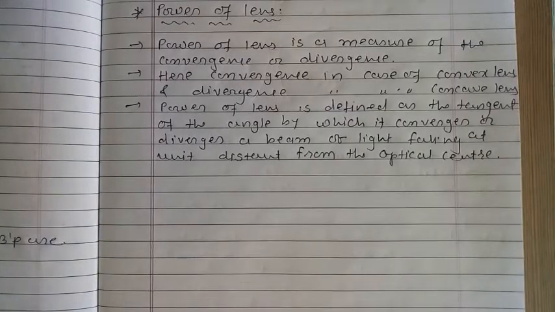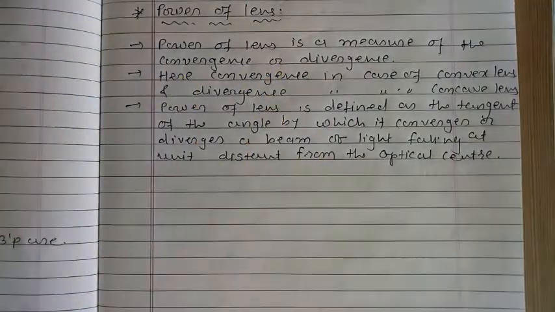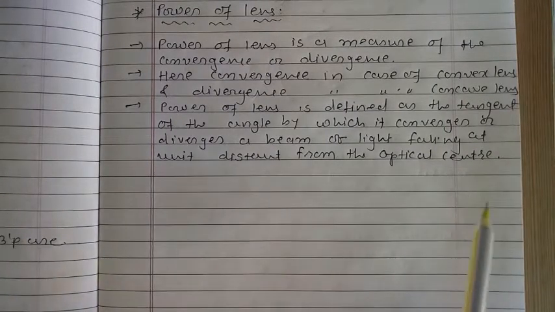We can say that power of lens is a measure of convergence or divergence, and we know that convergence is in the case of convex lens and divergence in the case of concave lens.